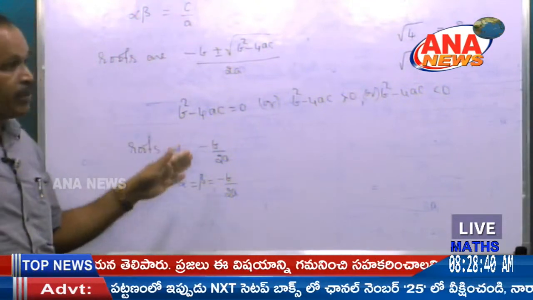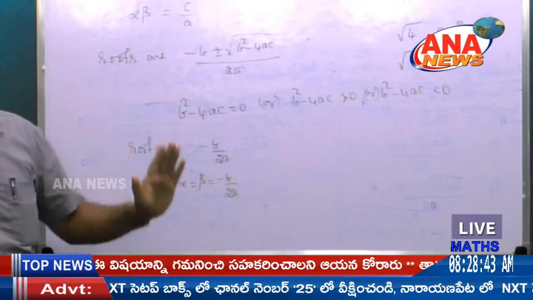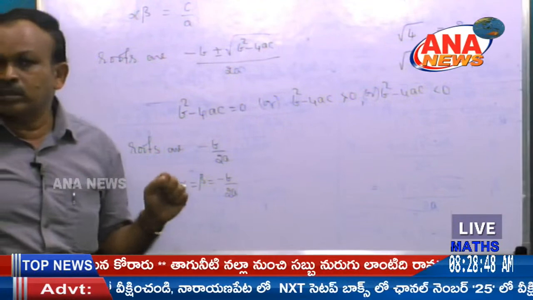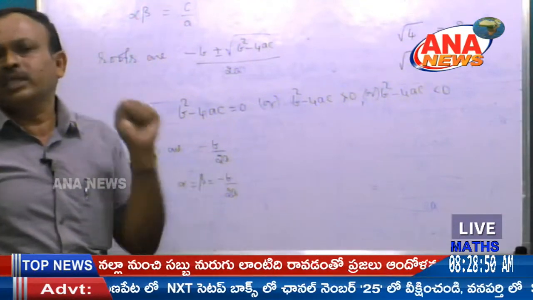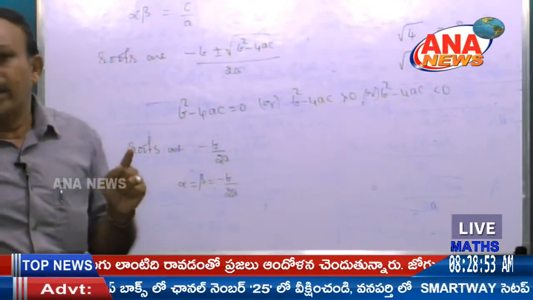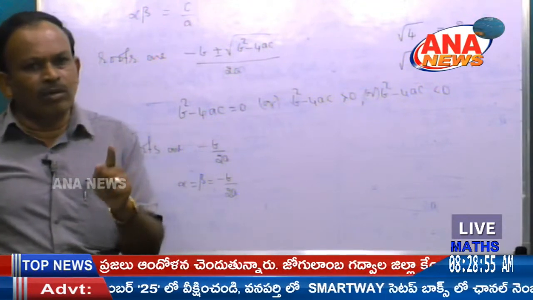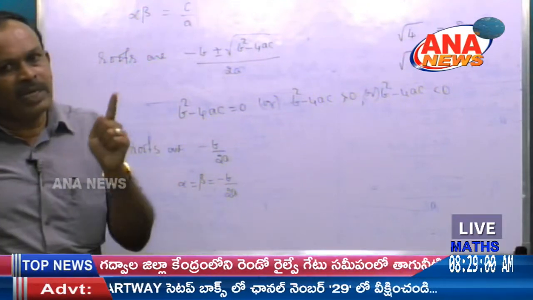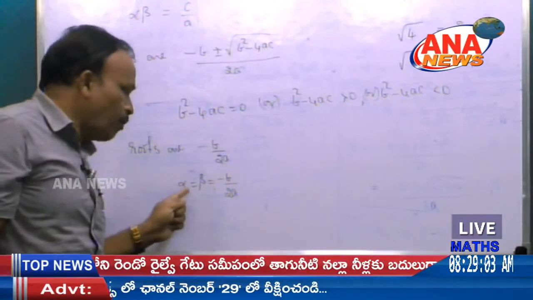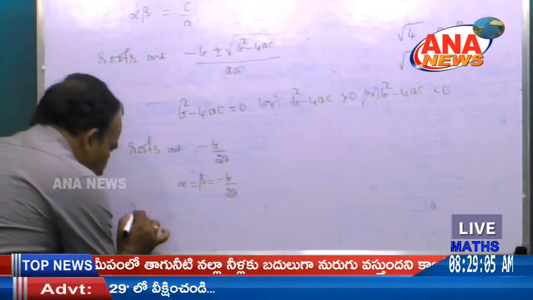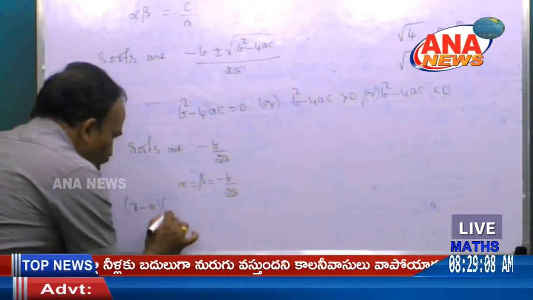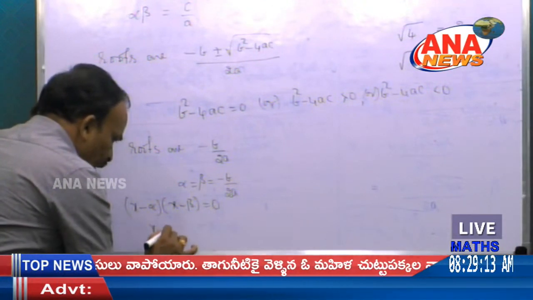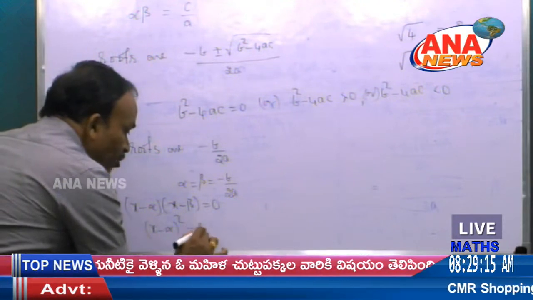If alpha, beta are the roots of a quadratic equation, the equation is x minus alpha into x minus beta is equal to 0. Already you know that. But alpha is equal to beta here, so the equation can be written as x minus alpha whole square is equal to 0.